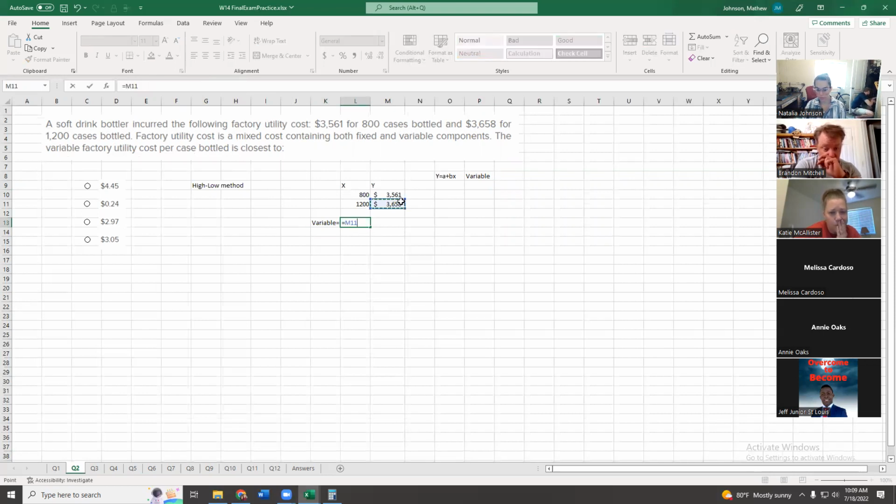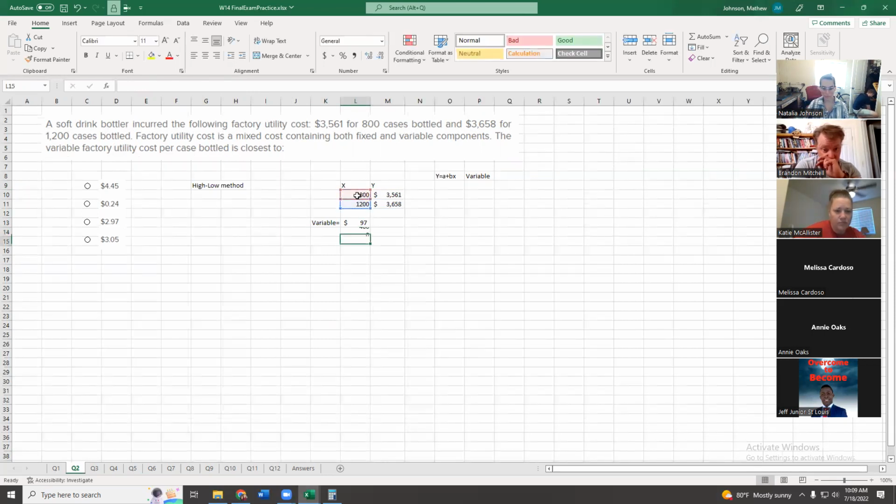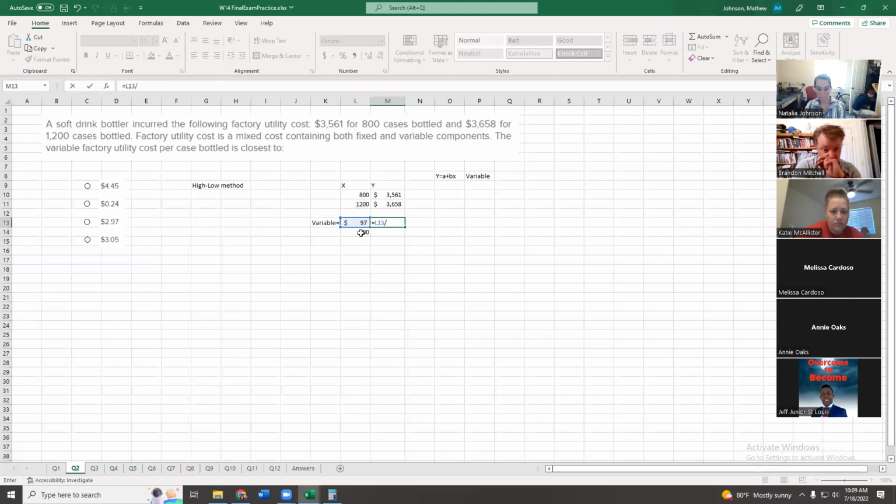So this is Y2 minus Y1, divided by X2 minus X1. And then that is 0.24 cents.